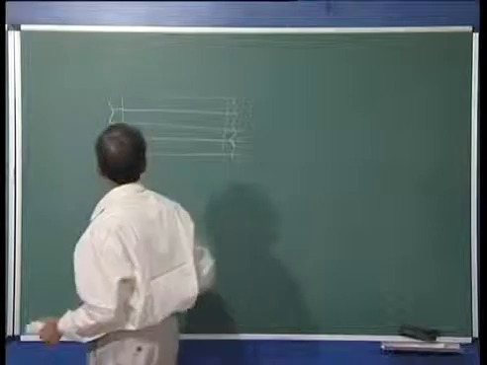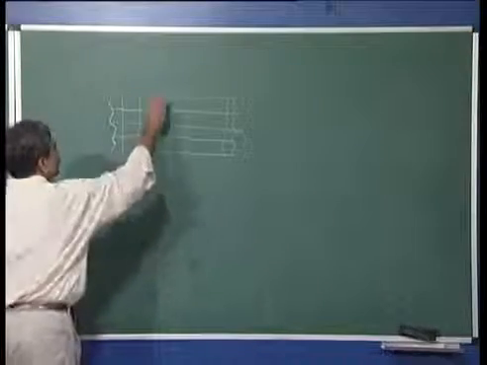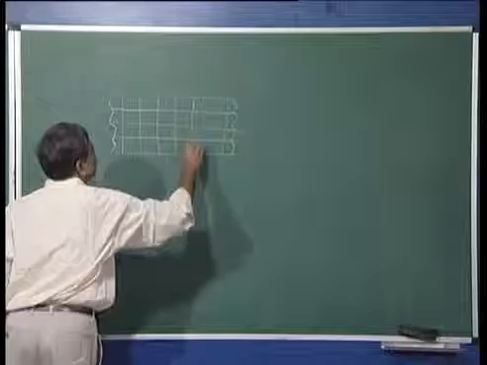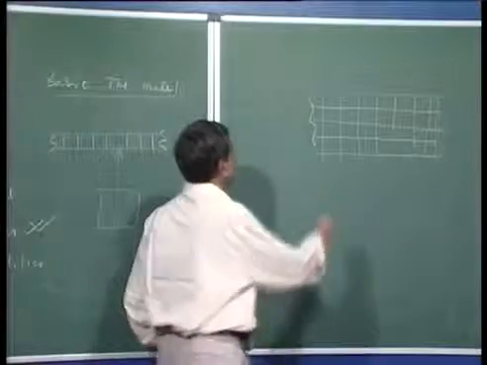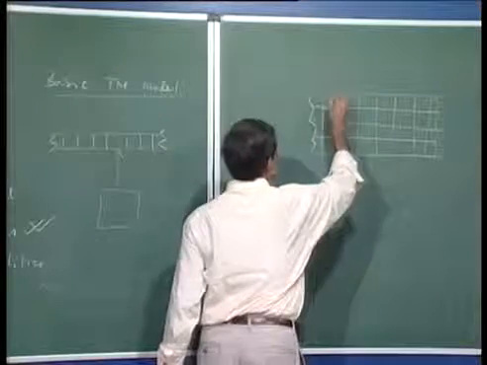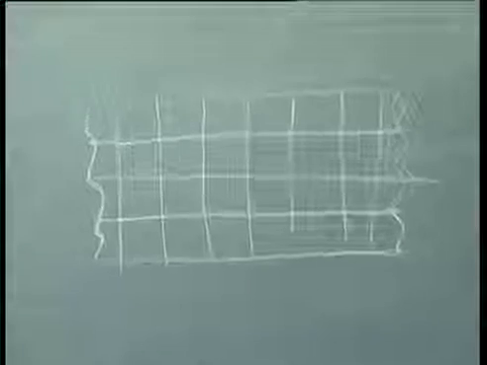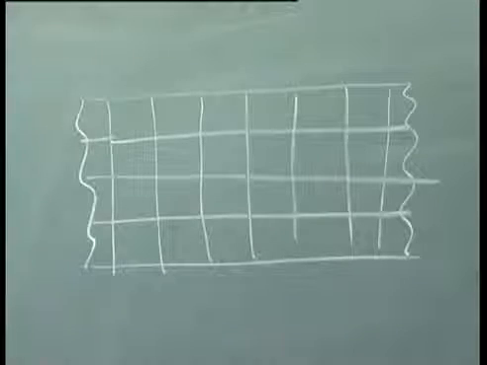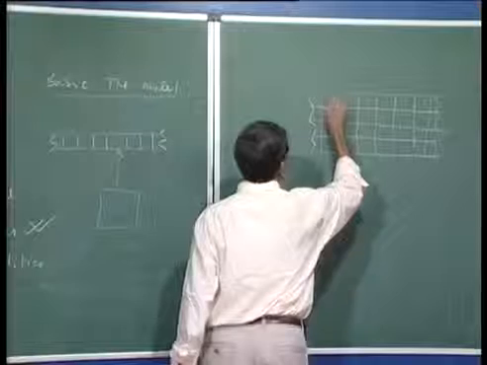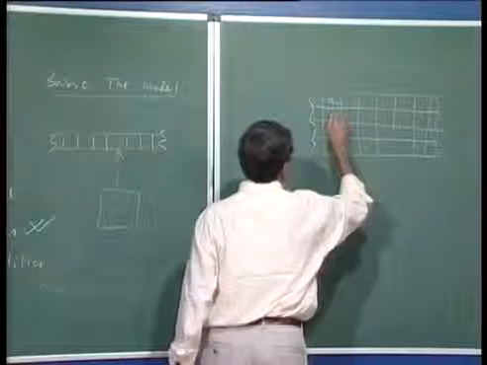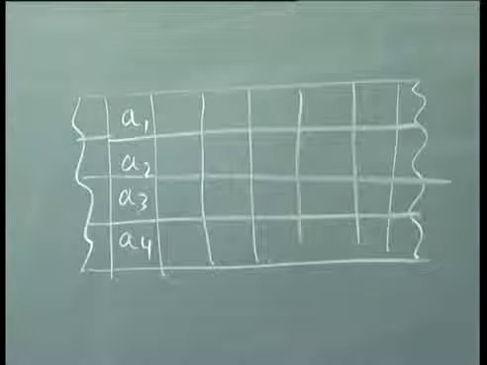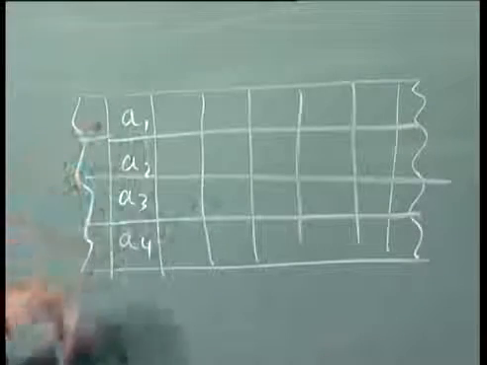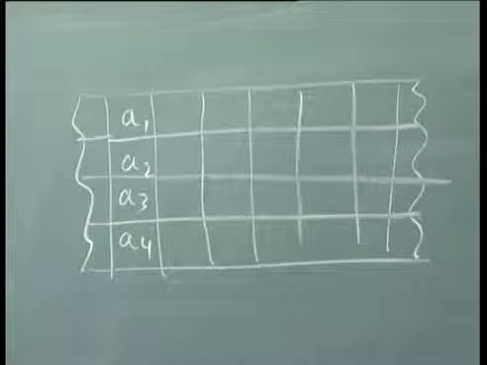This is 4 tracks, and each track is like this tape. So, you may have a symbol A1, A2, A3, A4.